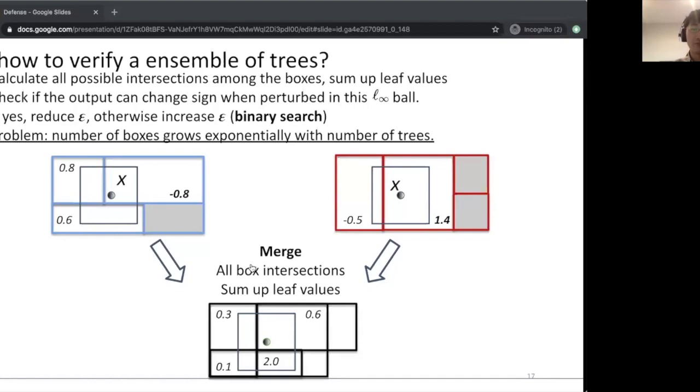Then we can follow the same procedure of verifying a single decision tree. However, the number of boxes will increase exponentially with the number of trees. So when we have a very large model with many trees, this method is going to be intractable for computation.